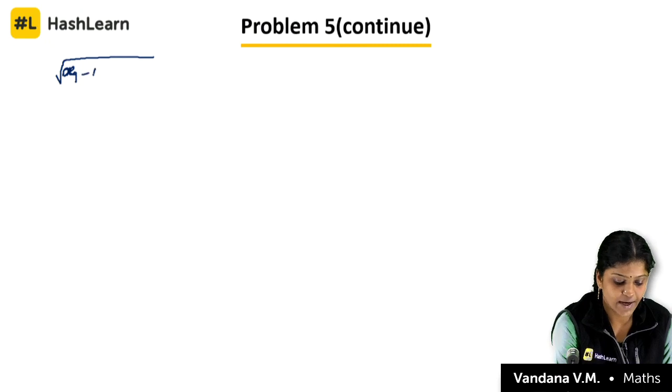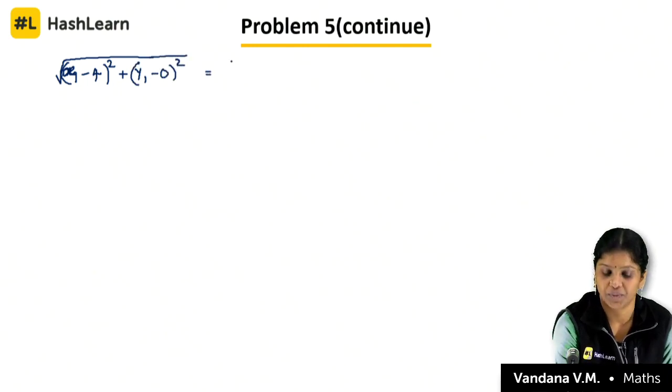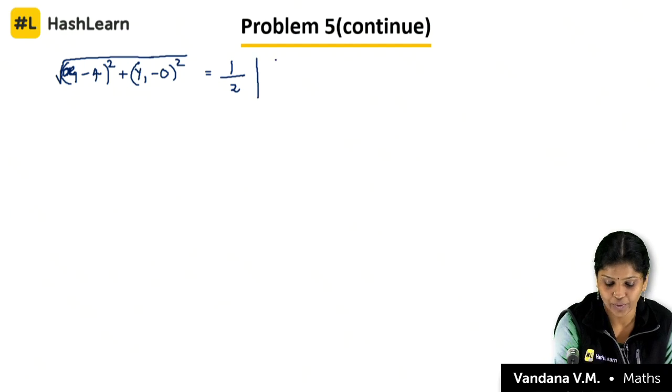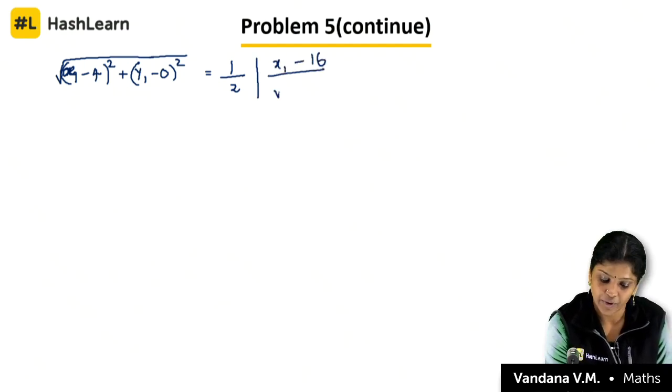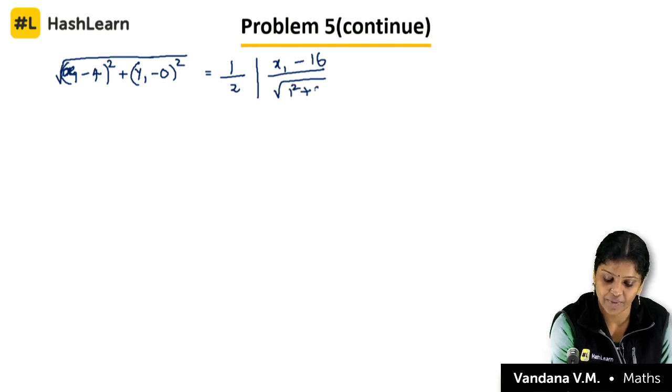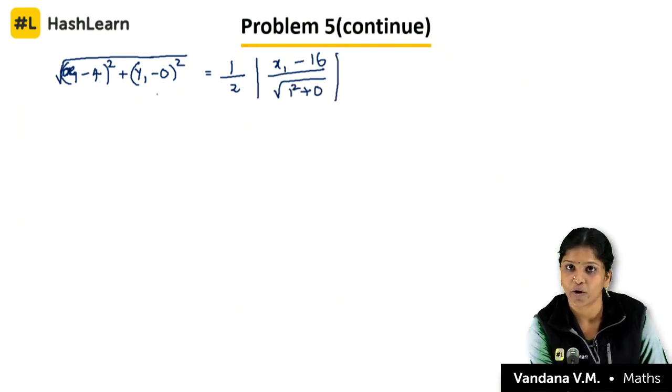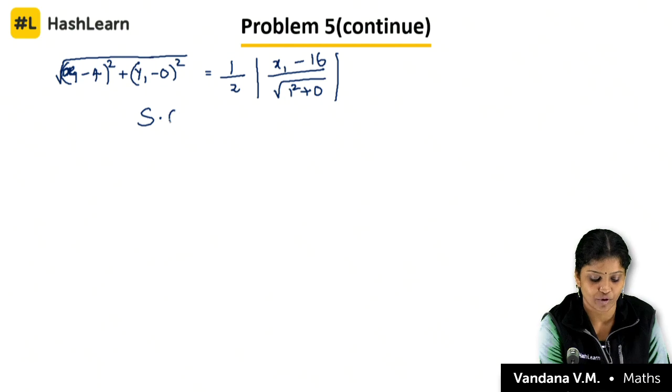x1 minus 4 whole square plus y1 minus 0 whole square is equal to 1 by 2 into x1 minus 16 by root of 1 square plus 0. I do not want the root, so what I have to do? I have to do squaring on both the sides.